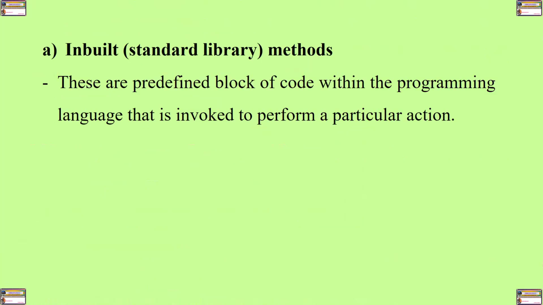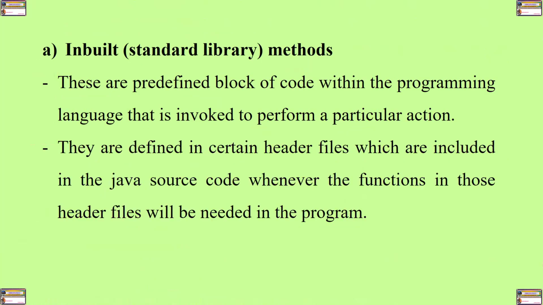Inbuilt or standard library methods are those which are predefined within the compiler or within the programming language. These are predefined blocks of code within the programming language that are invoked to perform a particular action. They are defined in certain header files, which are included in the Java source code whenever the functions in those header files are needed in the program.